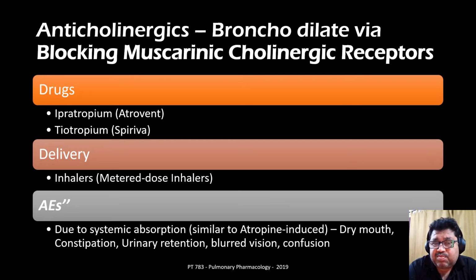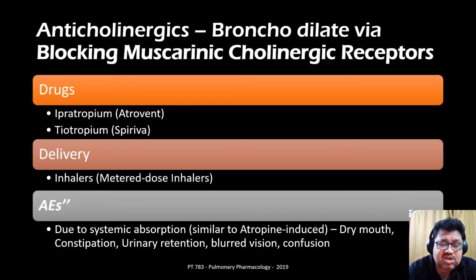Anticholinergic drugs bronchodilate via blocking the muscarinic cholinergic receptors. These drugs, the best ones known in the market, are ipratropium bromide or Atrovent and tiotropium bromide, which is called Spiriva. These are delivered as inhalers, and they are metered dose inhalers.